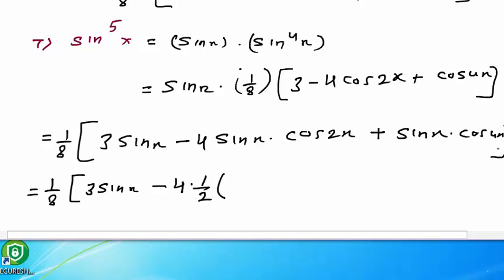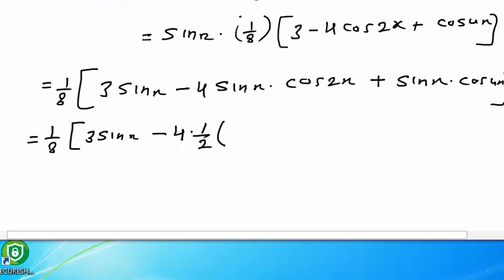We will discuss sin a into cos b later on, but for this particular problem, the formula for sin a into cos b is sin a plus b, that is x plus 2x, which is sin 3x, plus sin a minus b, so x minus 2x is minus x, with 1 by 2 into.